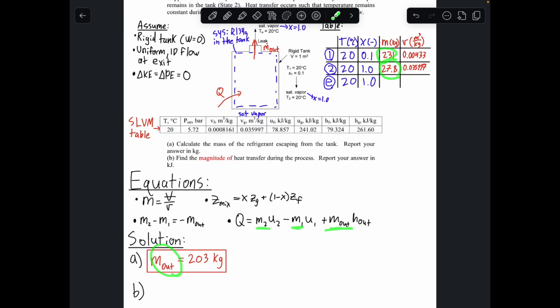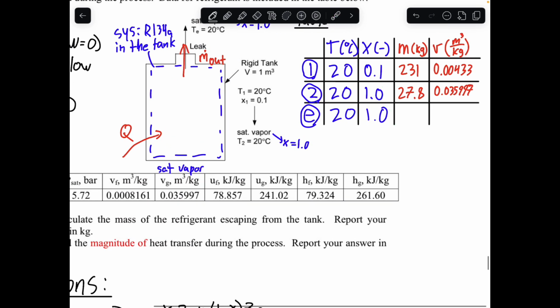I put those values in the table up here, and then we just need to find what these properties are. First of all, we know that at state 2 and at the outlet state, we have a quality of 1.0. Whenever we have a quality of 1, we have the saturated vapor state. So we can say that V is equal to Vg.